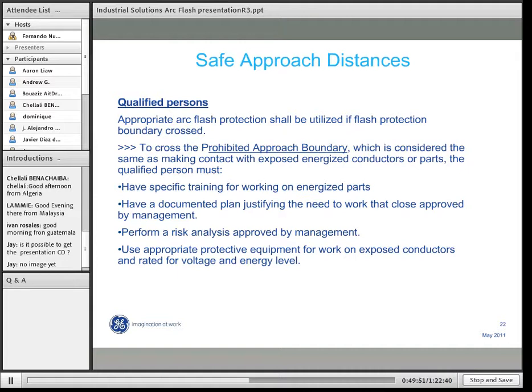So we talk of, for example, either 1.2 calories per square centimeter or 5 joules per square centimeter as the limit.